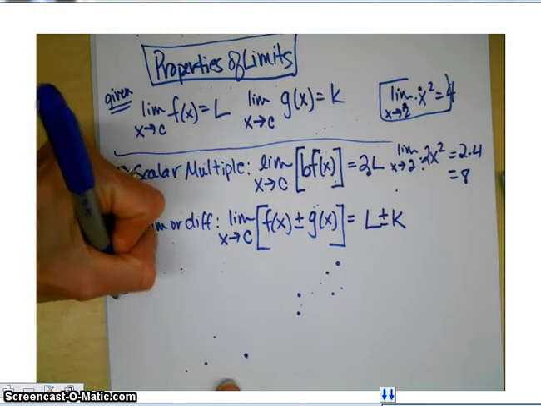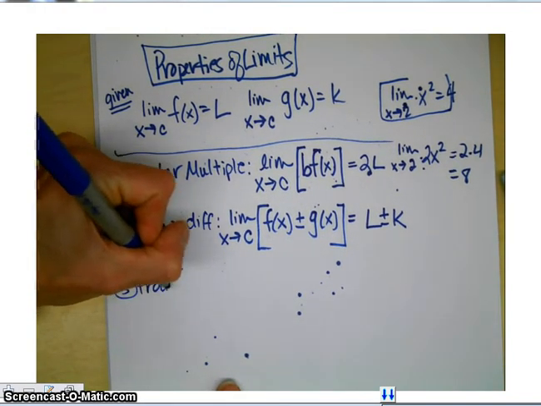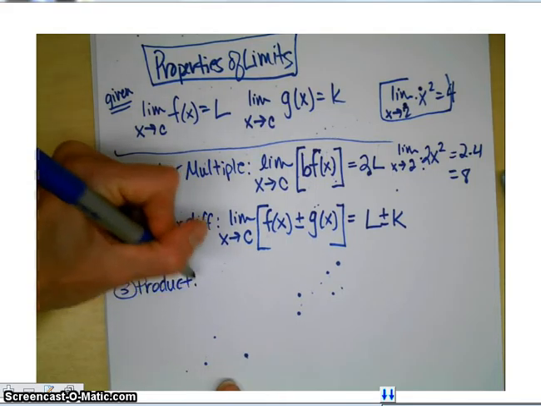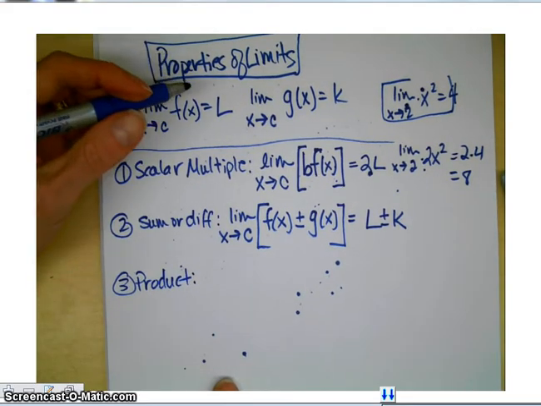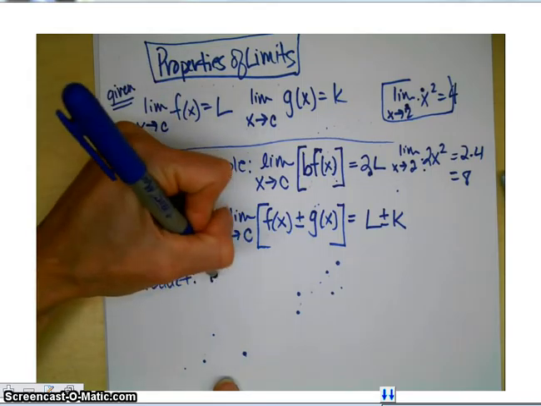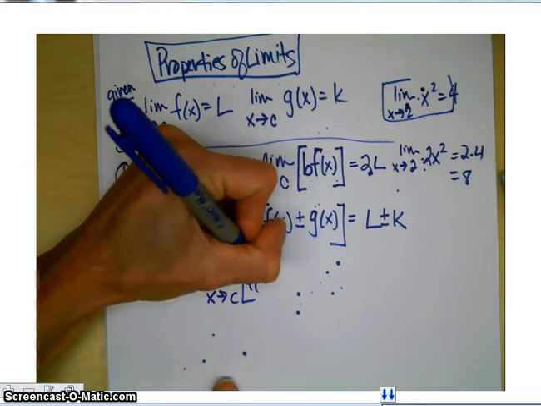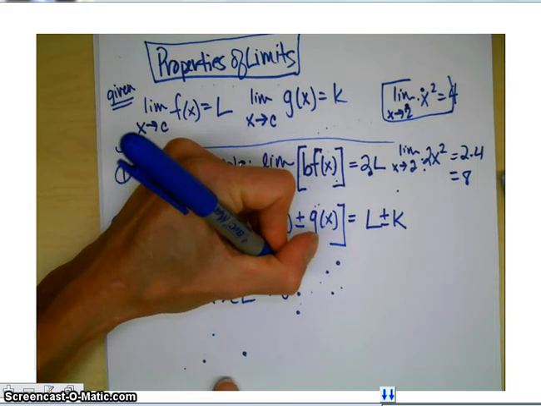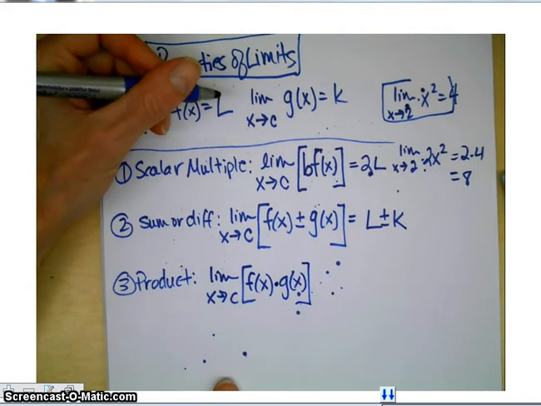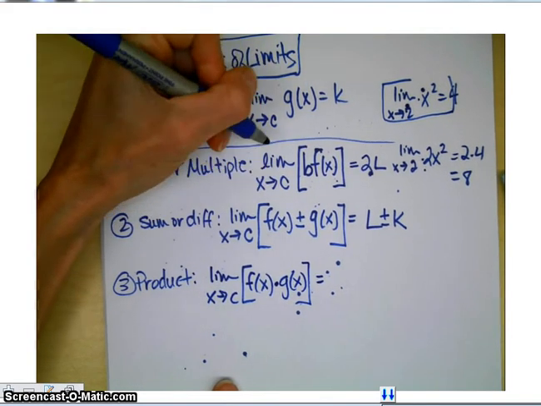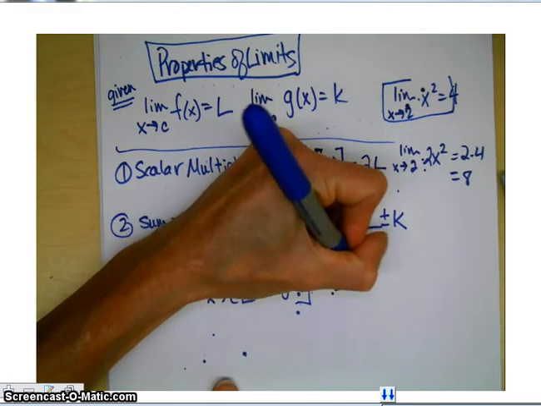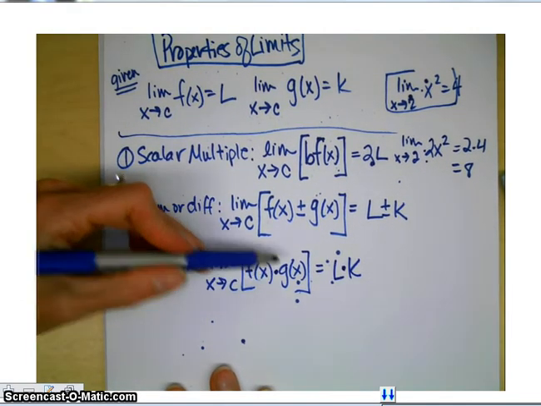The product rule is a really nice one. The product and quotient rules we'll use a lot when we do some crazy trig limits tomorrow or Thursday. So the product rule says that the limit as x goes to c of the product of two functions, f of x times g of x, would be exactly the same as multiplying the two limits if we would have found them separately.